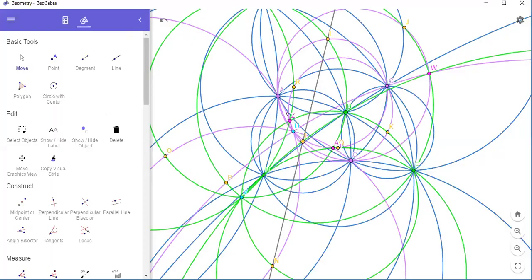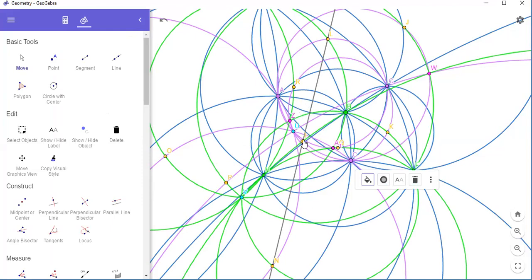Okay, once again, we have A and C here. So that gives the circle.